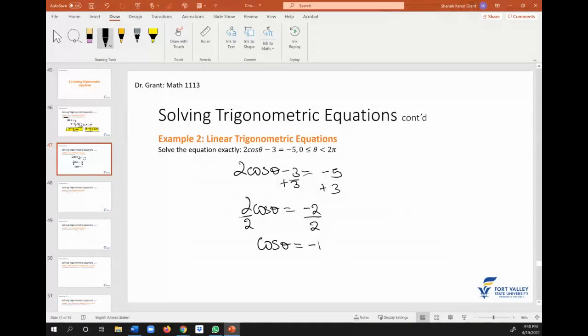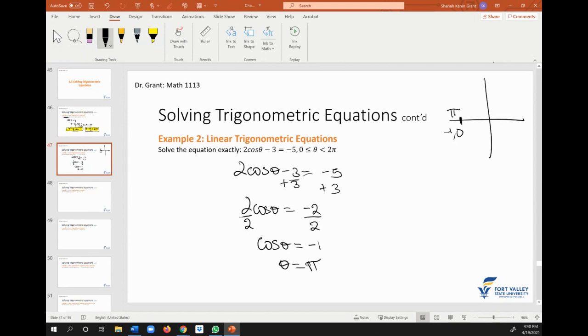So now I would think, what angle, when I take cosine of that angle, I get -1. If you think about the unit circle, the only place that cosine is -1 is on this side, where we have -1, 0, and this is when theta is pi. So that means my theta is pi.